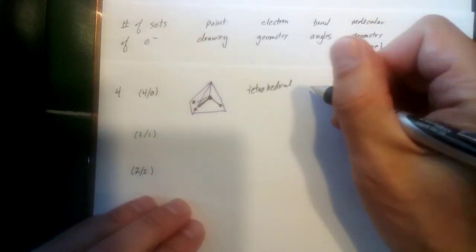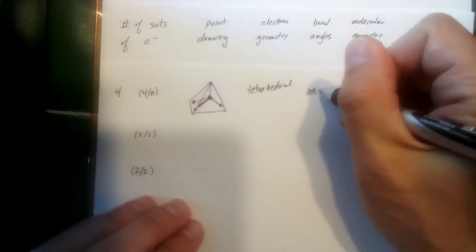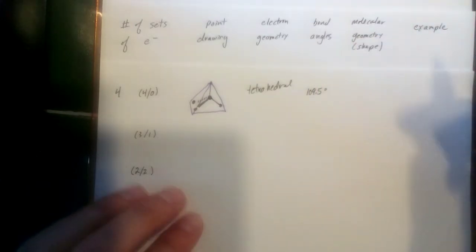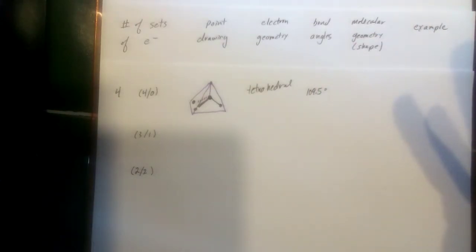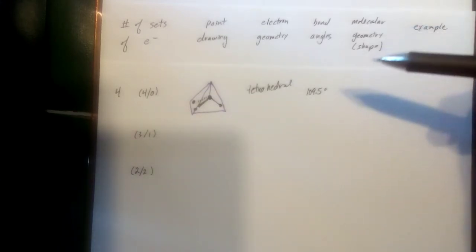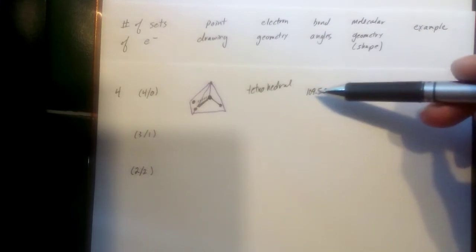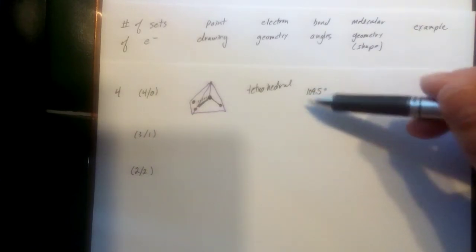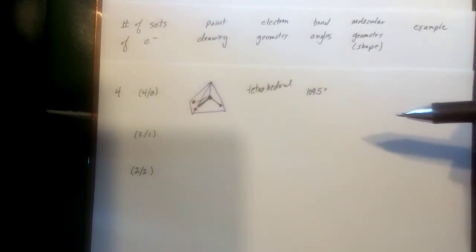So the bond angles here are 109.5 degrees. You can kind of recognize, well, if I've got 4 things, they can't get as far apart as 3 things, so the angle's got to be smaller. But once you get into 3 dimensions, it's a little hard to just do it on first principles like you can for a flat one. So that may be a little bit of information that's worth memorizing or remembering there.